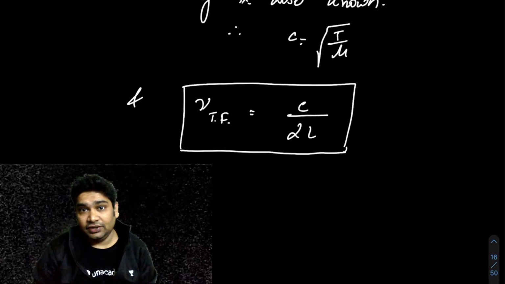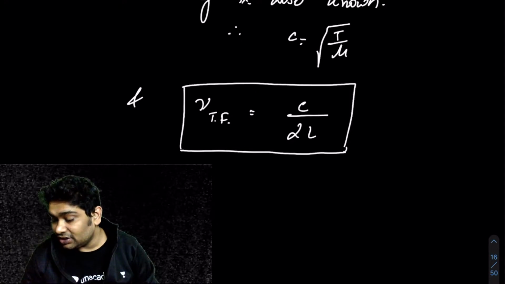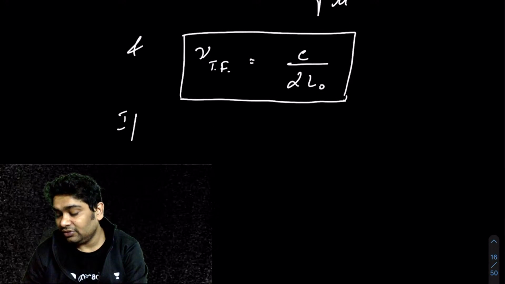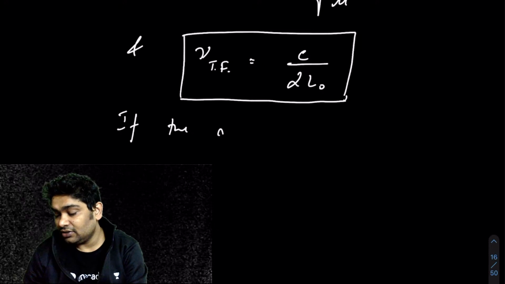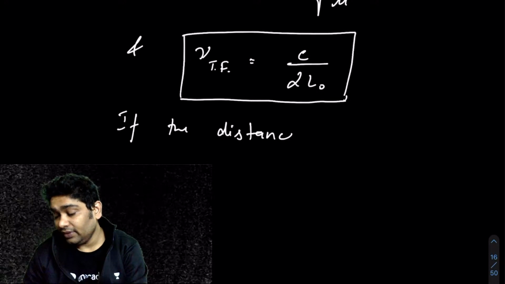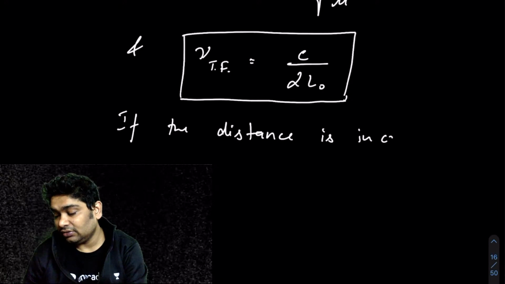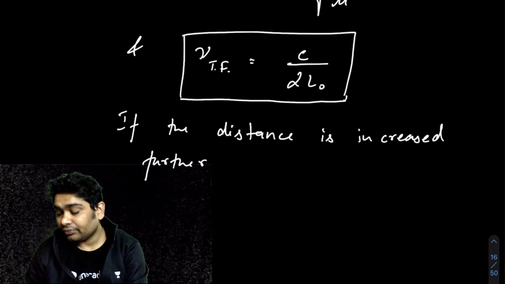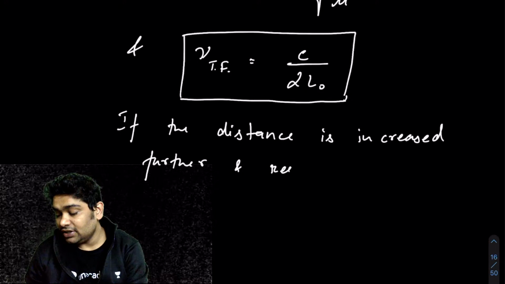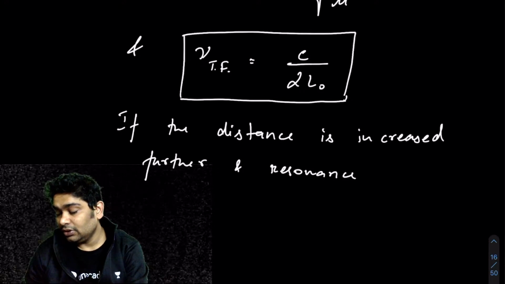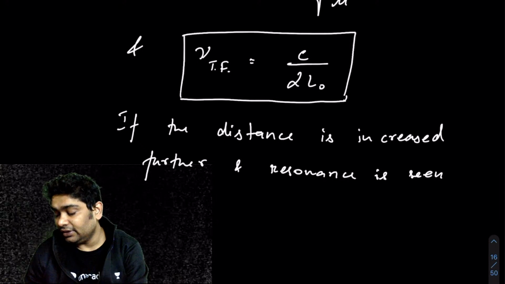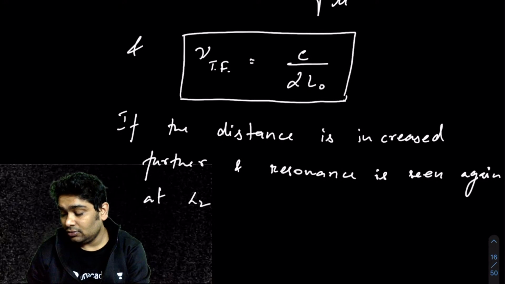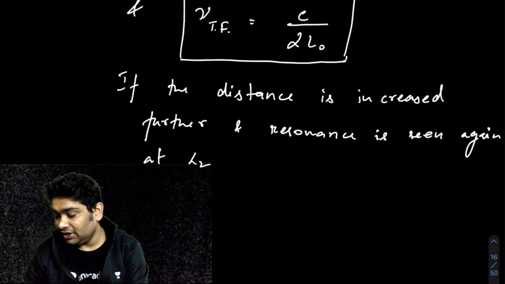Now you could have changed it also. So this is the first frequency, or if you keep increasing the distance, if the distance is increased further, and resonance is seen again at a length L2, so let's call this L1.